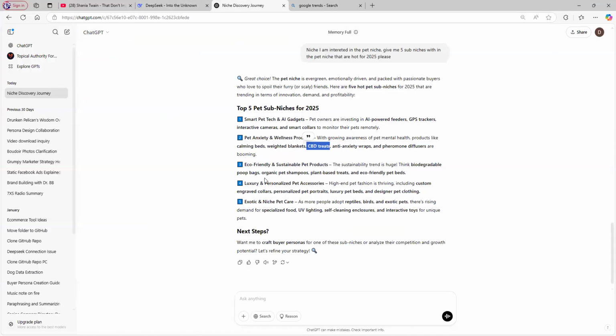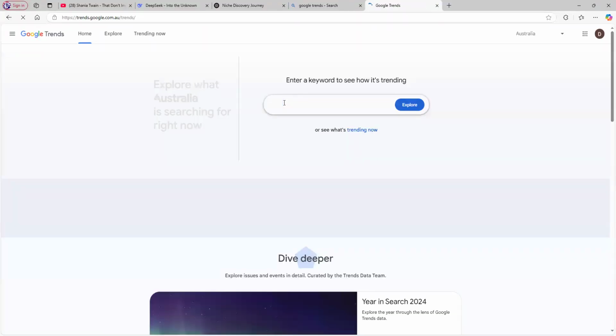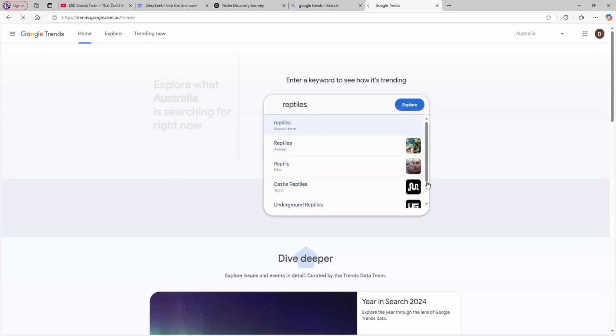Let's just go reptiles, just for sheer interest. I'm based in Australia, so I'm going to do Australia and click explore.